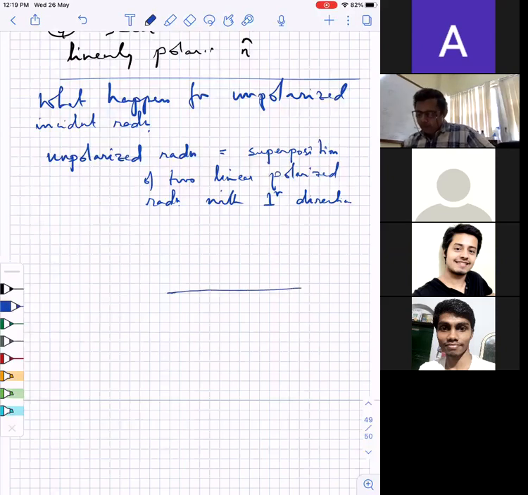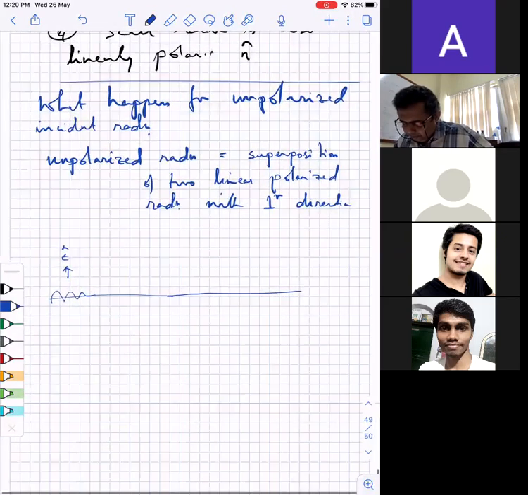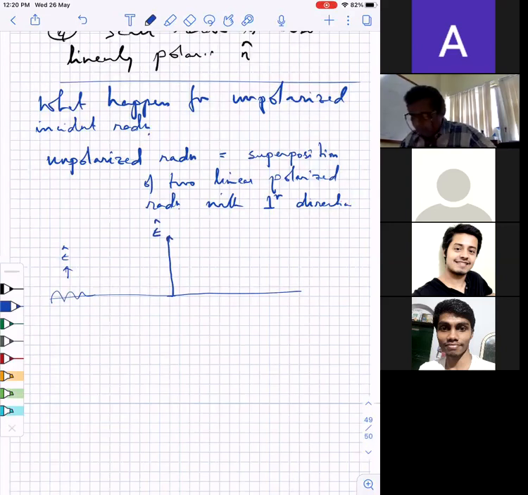Initial polarization was in this direction, epsilon 1. Let's say this is your incident direction, k cap, and n cap was the outgoing radiation.